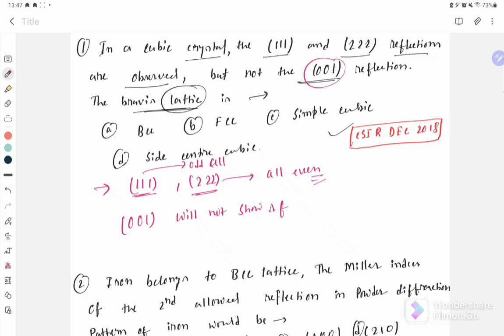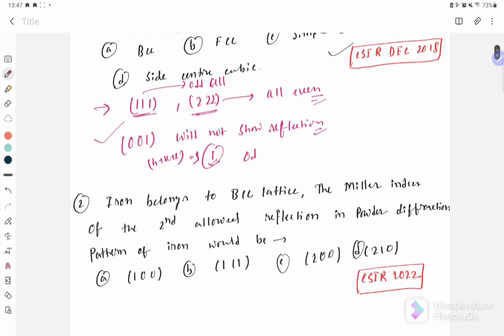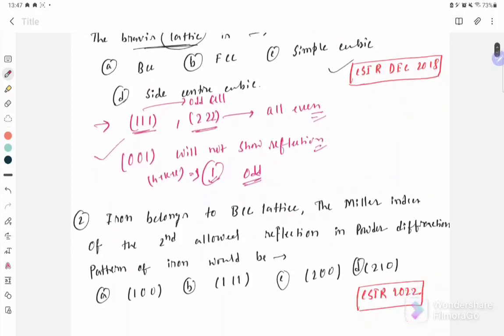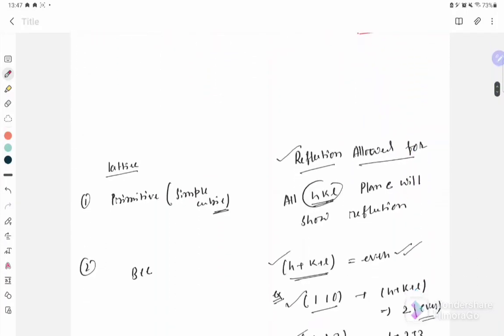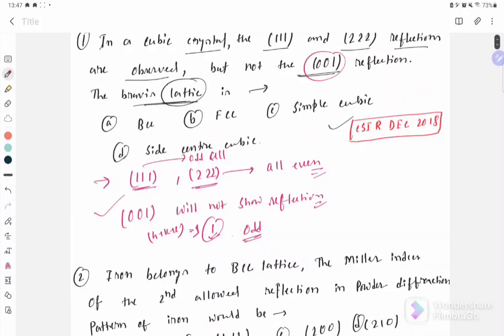Okay, these are two. So 001 means 0 plus 0 plus 1, means h plus k plus l is 1. So this is odd, so it can also be BCC, because if h plus k plus l is even then it is BCC. Here it is odd, so this lattice can be BCC.